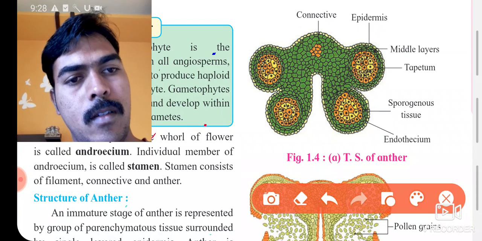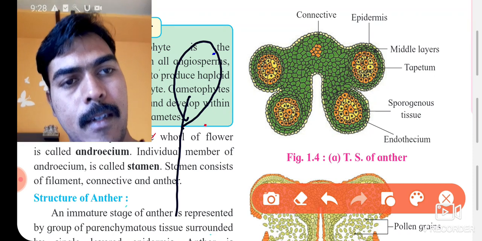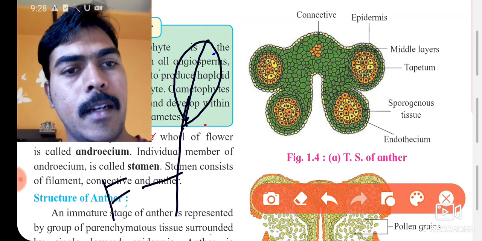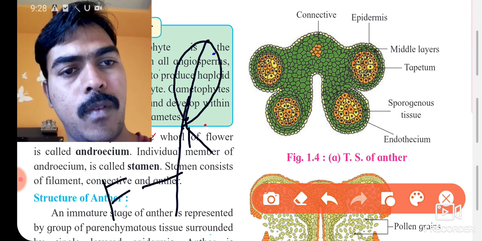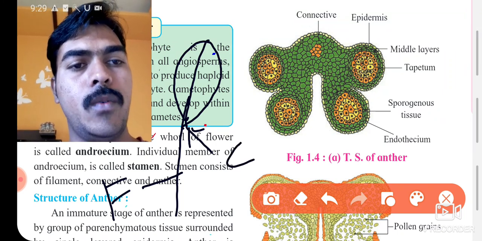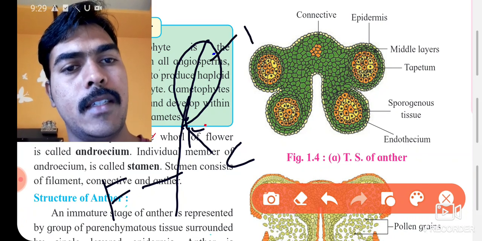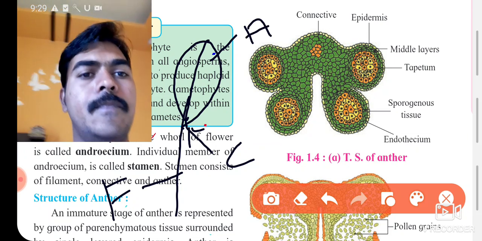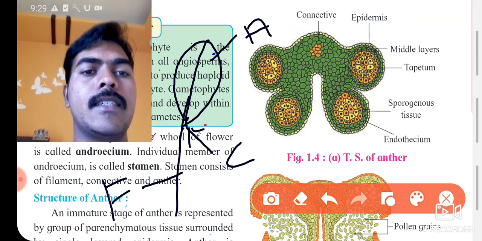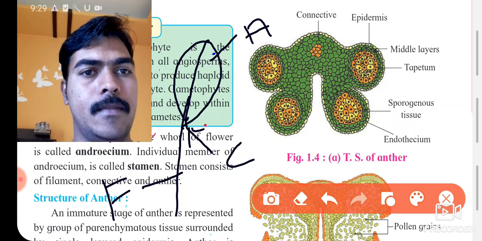See, this is the filament. Then the site of attachment of the anther with the filament is called the connective, and this uppermost bulging part is called the anther. So the androecium or stamen has these three structures: filament, connective, and anther.